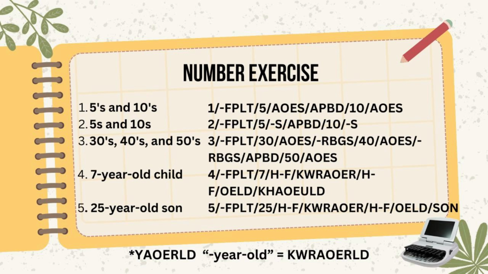Okay, we also have the other one, fives and tens. So five and then final S, and then and then 10 final S. For number three, 30s, 40s, and 50s with comma.